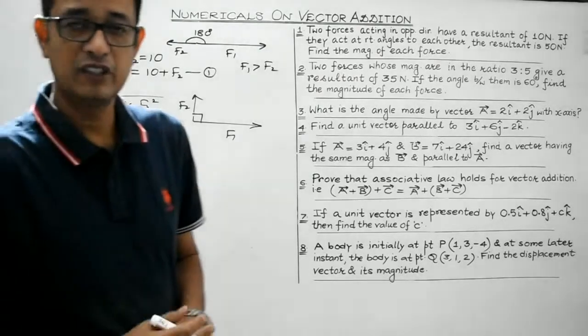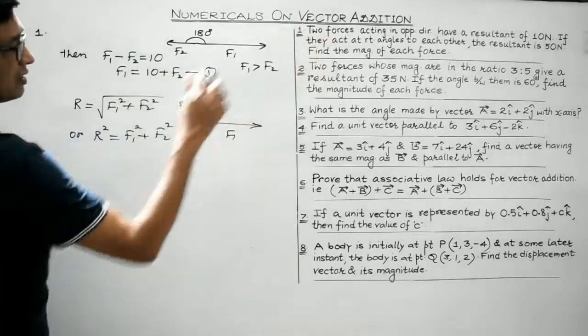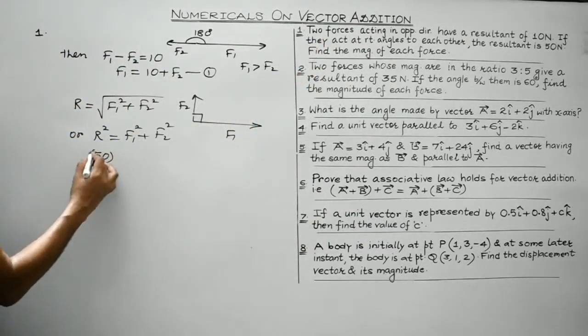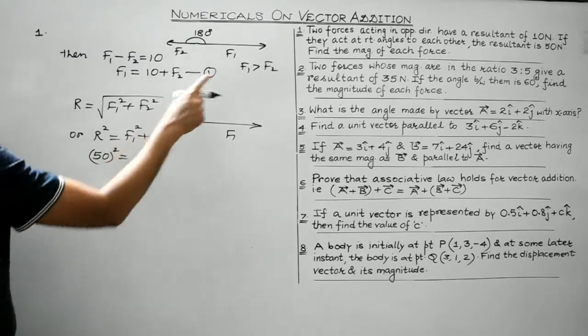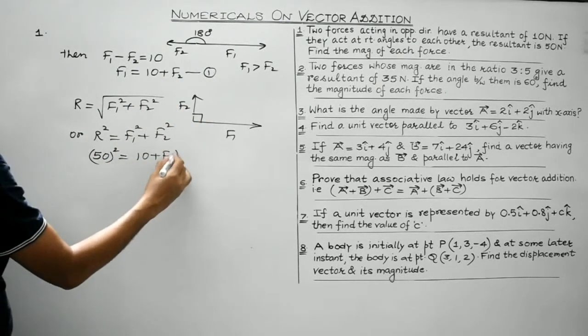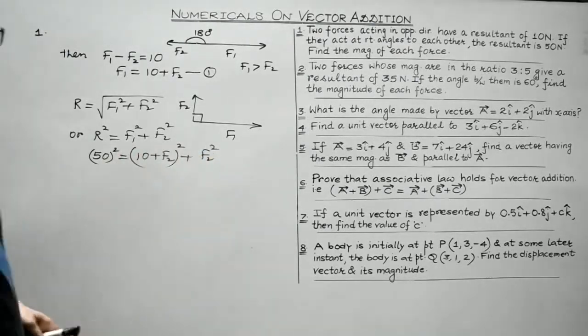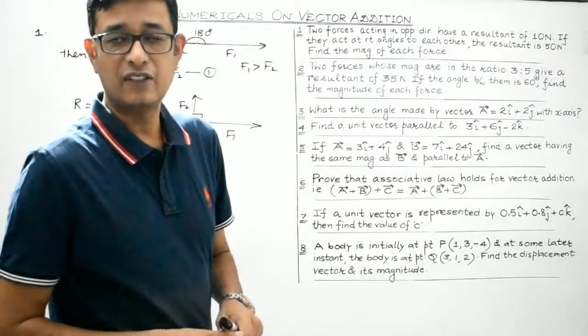This is the formula when the two vectors are perpendicular to each other. Let's substitute the value. The resultant is going to be 50. F1 we can write as 10 plus F2, whole square, plus F2 square. Students, by solving this, we can easily get the value of F2.